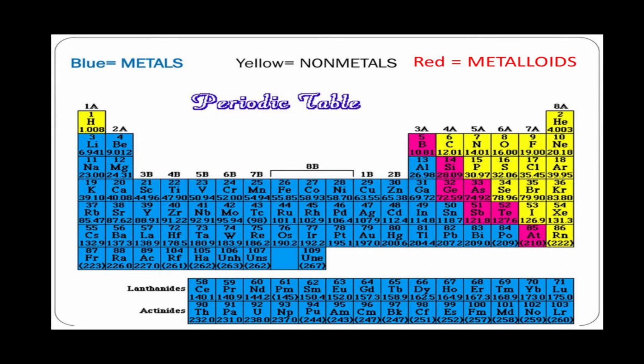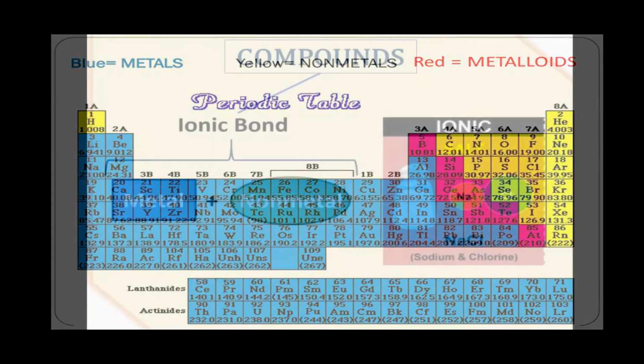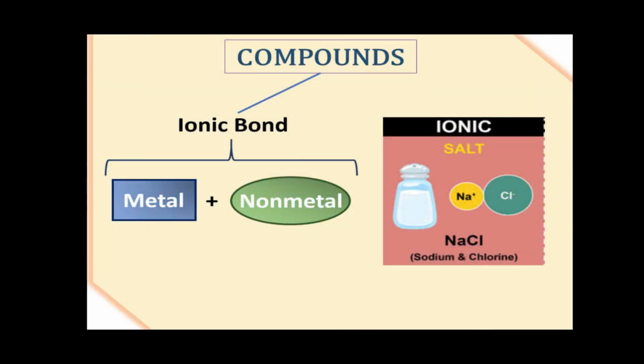As you can see, most elements are metals and are placed on the left side of the periodic table, except for hydrogen. On the right side are the non-metals, separated by a stair-like pattern of elements, which are the metalloids or semi-metals. Ionic compounds are formed between a metal and a non-metal.